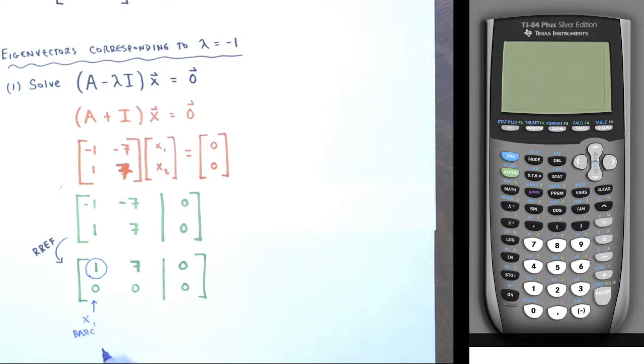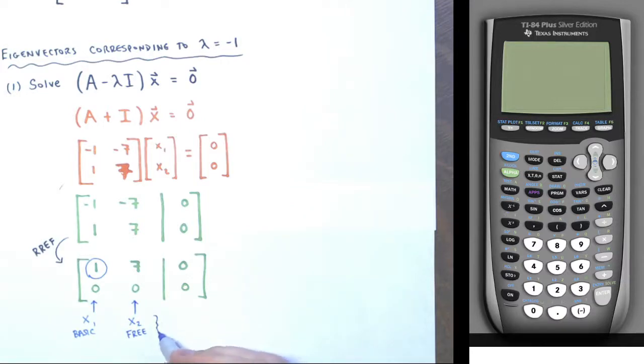The second column does not have a pivot, it doesn't have one of those leading ones in it. So x2 is what they call a free variable. I can replace x2 with any real number I wish, and then find x1.